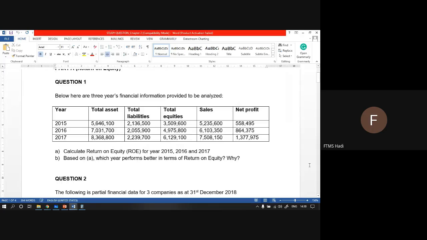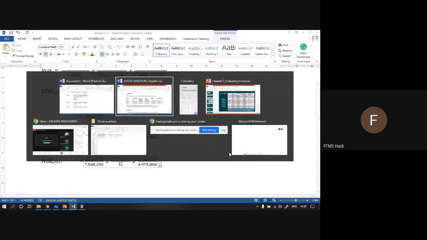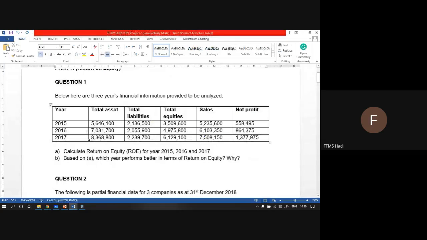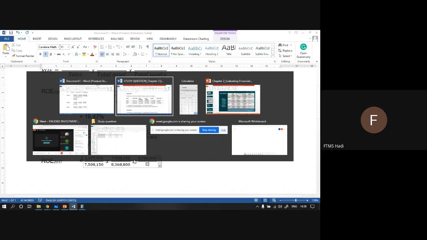Sales is this one, 7508150. This one is the same because it's sales: 7508150 divided by total asset, which is this one, 8368800. And then the last part, 8368800 divided by total equity. Total equity is this one, 6129100.